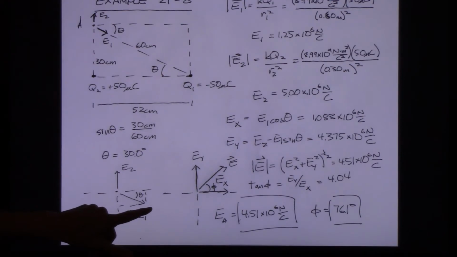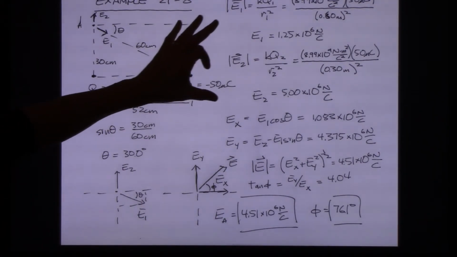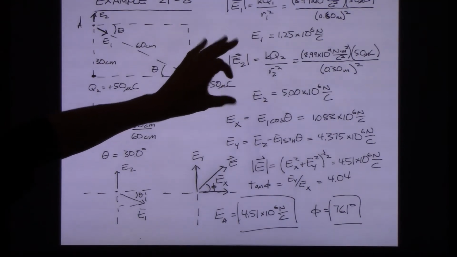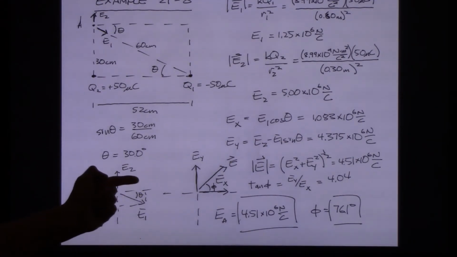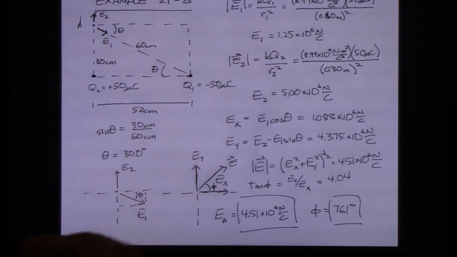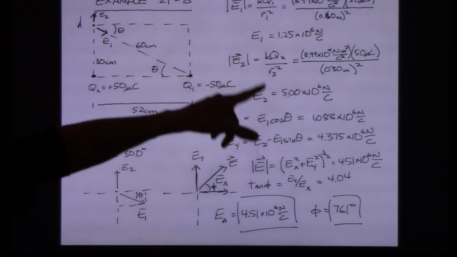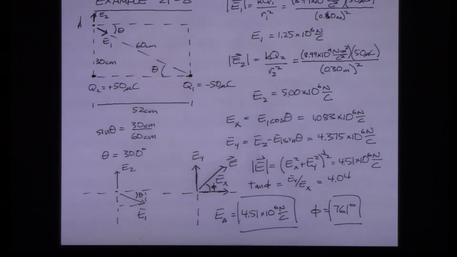And I've got x and y components for E1, but I only have y components on E2. So once I get E1 and E2 calculated, which we said we did, then when I look in the x direction, the only E field components in the x direction are going to be E1 cosine theta. So I took my E1 multiplied by cosine theta to get my 1.083 times 10 to the 6.